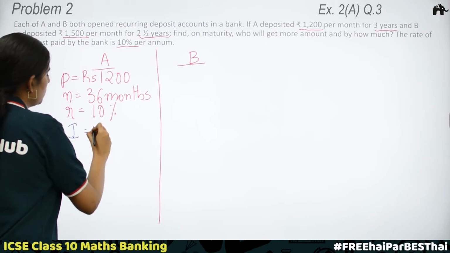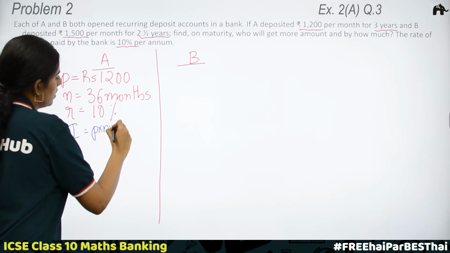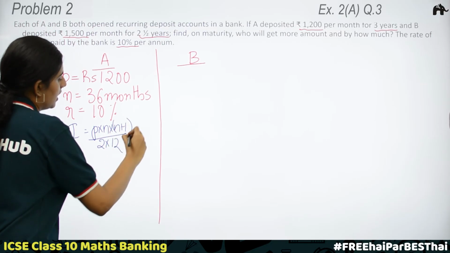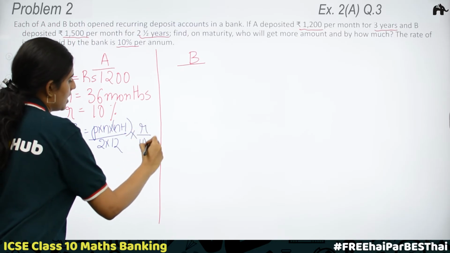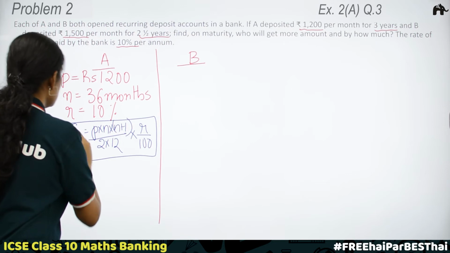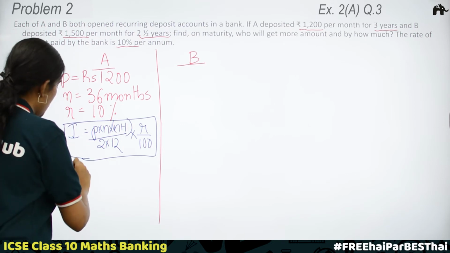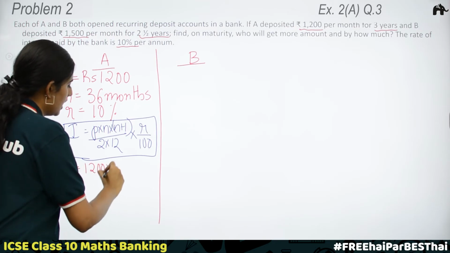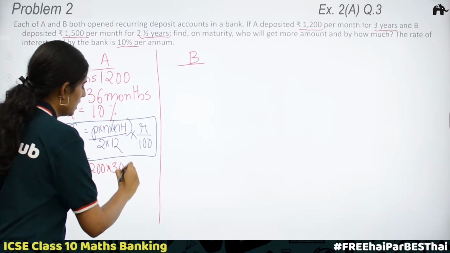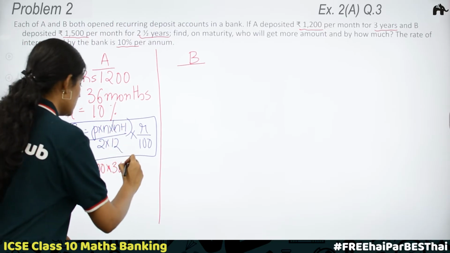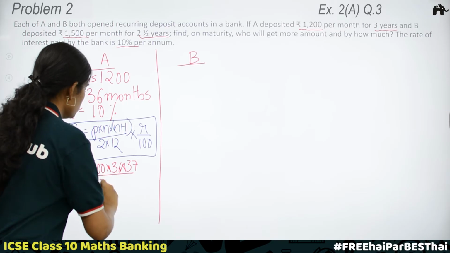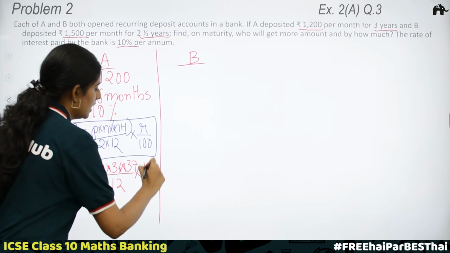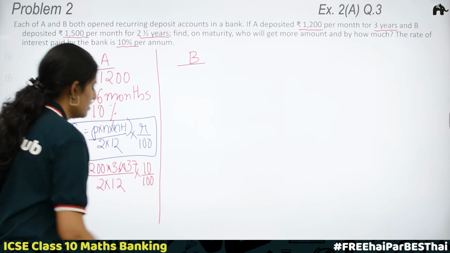Interest I is equal to P into N plus 1 divided by 2 into 12 into R divided by 100. Using this, you can find the interest. Interest I is equal to, substituting the values, 1,200 into 36, N plus 1 is 37 divided by 2 into 12 into R by 100, that is 10 divided by 100.